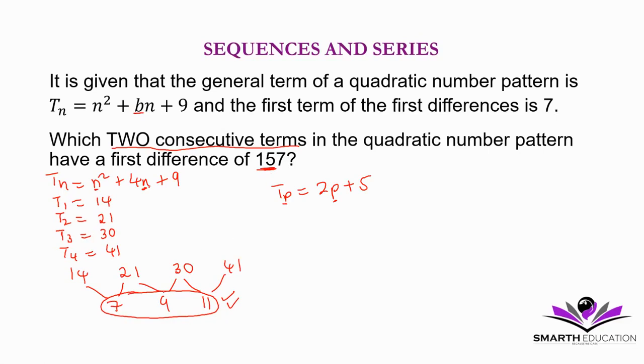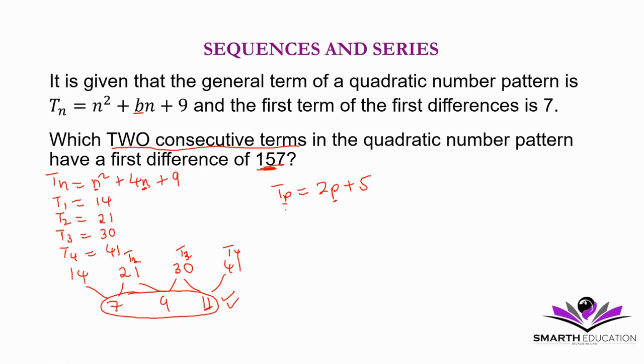For example, if we find that 9 is term number 2, it is between term 2 and term 3. 11 is term number 3. It is between term 3 and term 4. So now we need to find what term number 157 is.